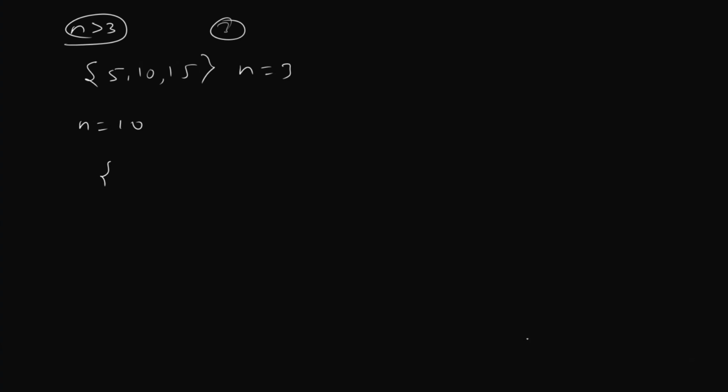So 5, 10, 15, then 15 plus 15 is 30, and 30. Okay, so which number do you want here? How are you going to decide? You decide like this: a, 2a, 3a, and then the sum of all these elements, 6a.